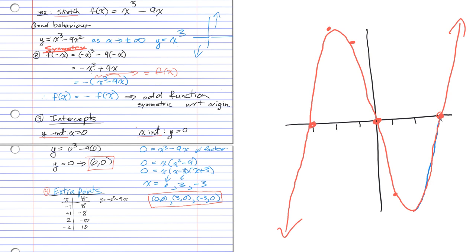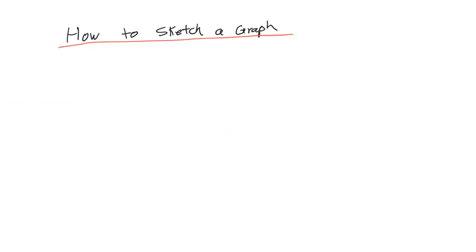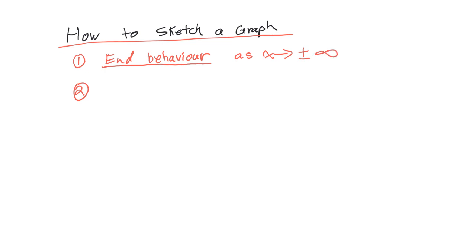Now, your homework. Just a quick recap of what we need to do. First, you have to sketch your graph by figuring out the end behavior, as x goes to plus or minus infinity. The next thing you have to do is find f of negative x.